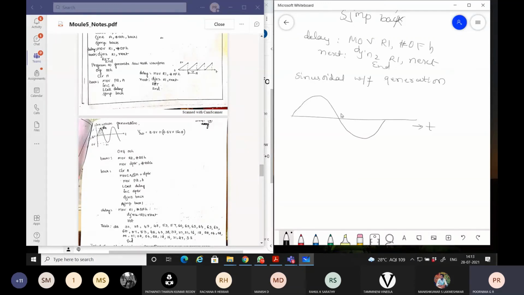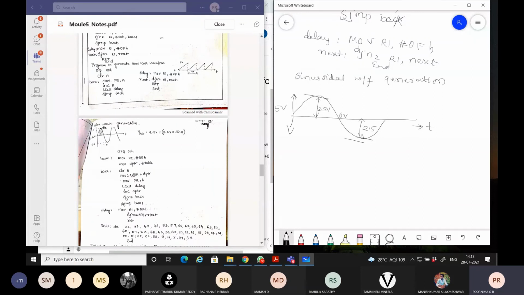When we have to create such a sinusoidal, what is the peak to peak amplitude we have? It is 5 volts. This 5 volts is equally divided between the negative half and the positive half: it is 2.5 volts and minus 2.5 volts. When the average is taken, it is 0 volts.